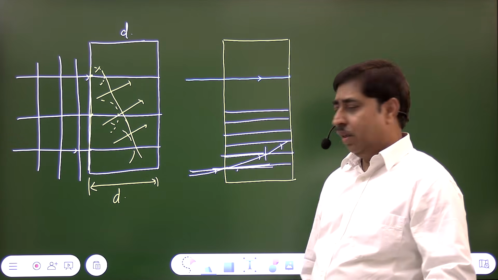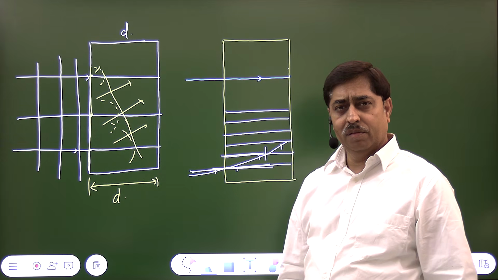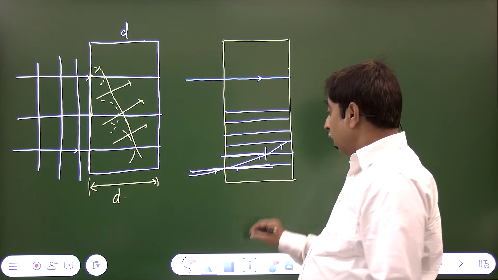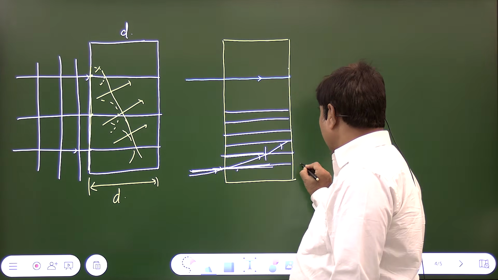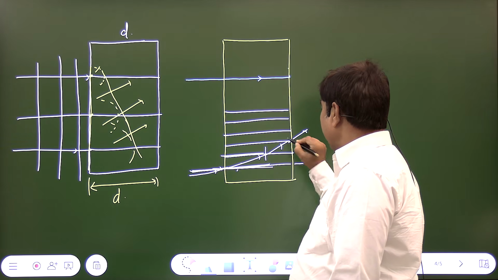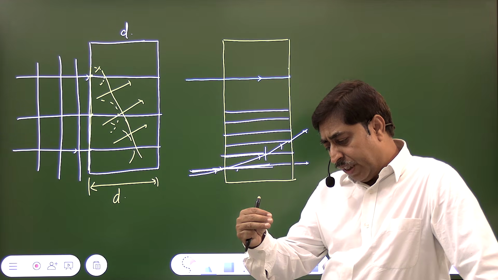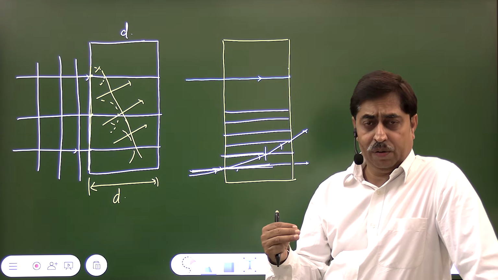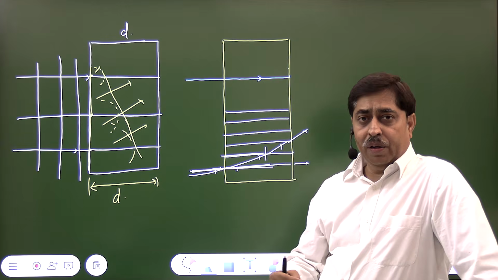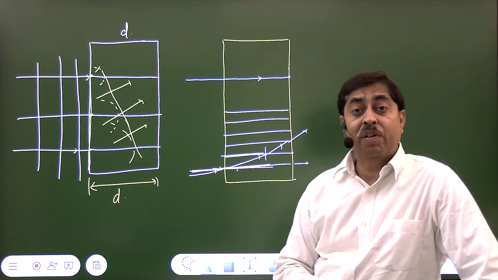I hope you understand. It will take a curved path like that. So a light ray that enters over here will not exit here, it will be exiting somewhere here. The point is, because nothing has been said about N2 and N1, it may be that the gradient of refractive index is very high.